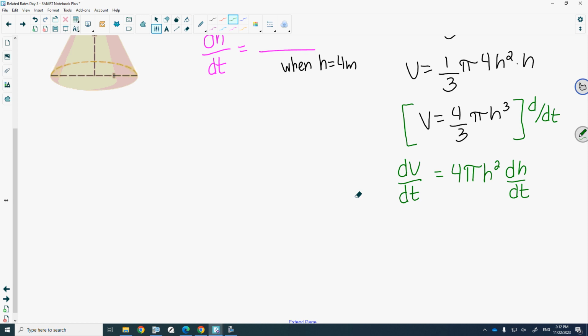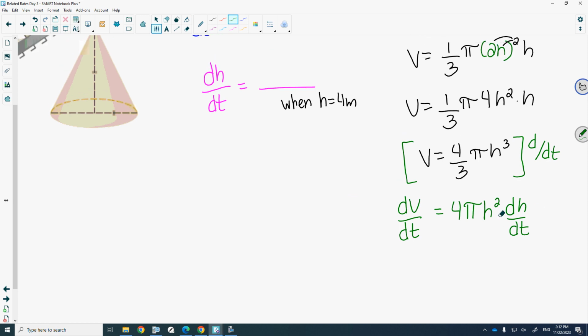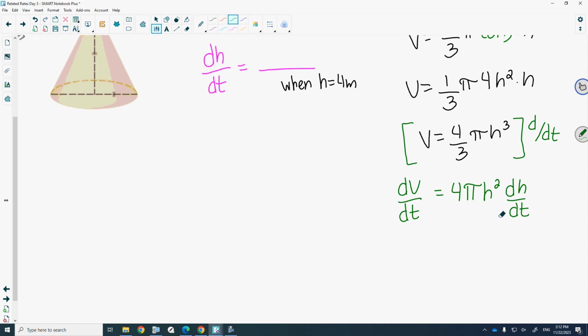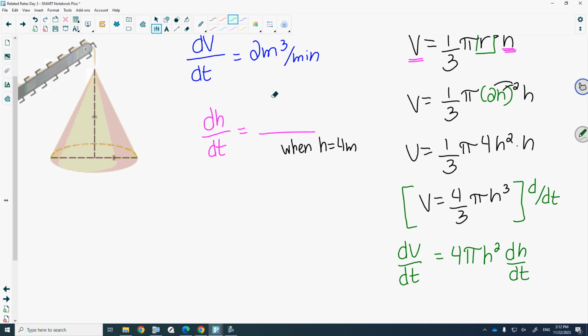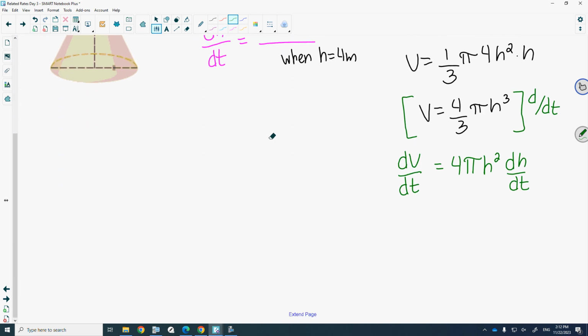Okay, I'm looking for dh/dt, and I was given dV/dt. So dV/dt is 2. They want the height at 4 meters. So height is 4 squared dh/dt.